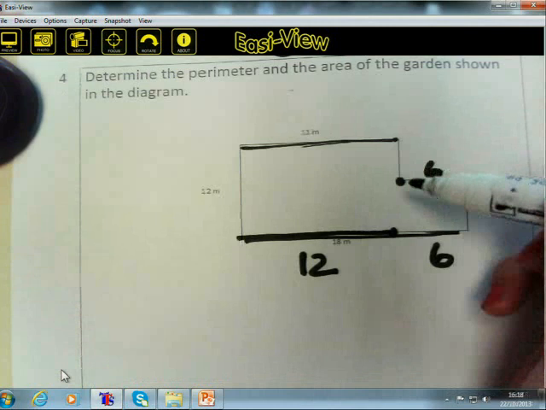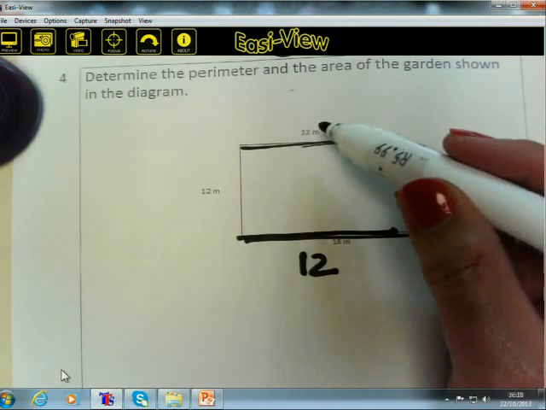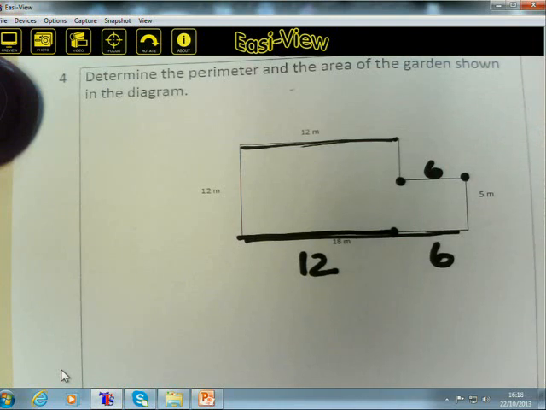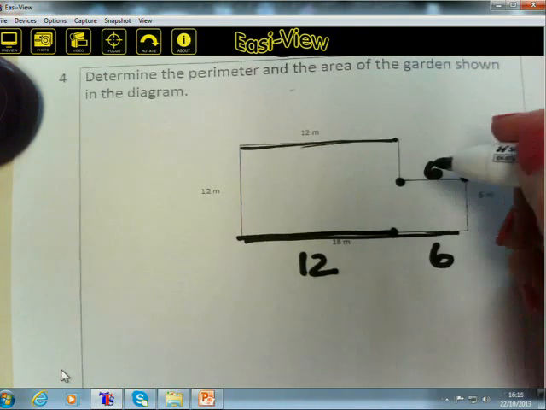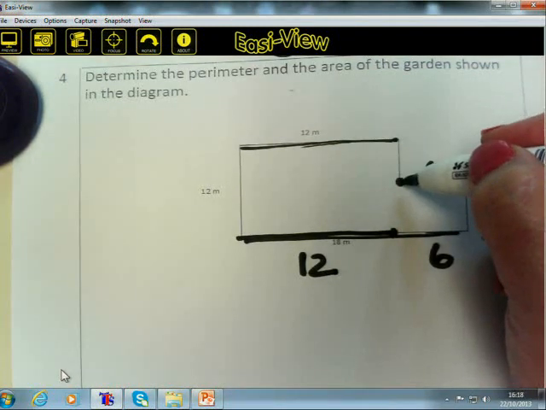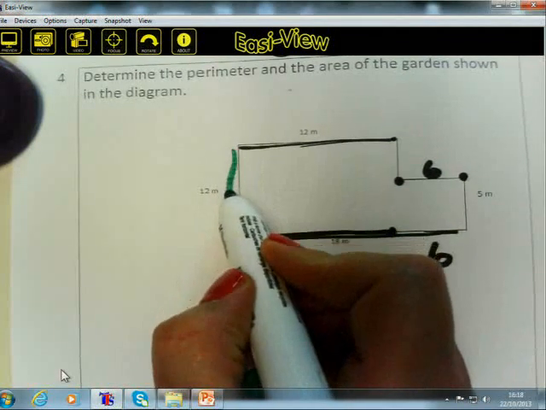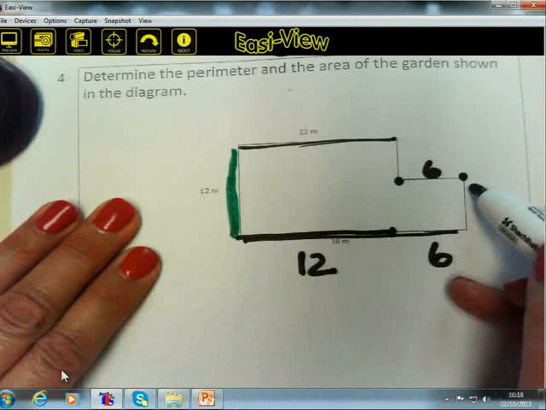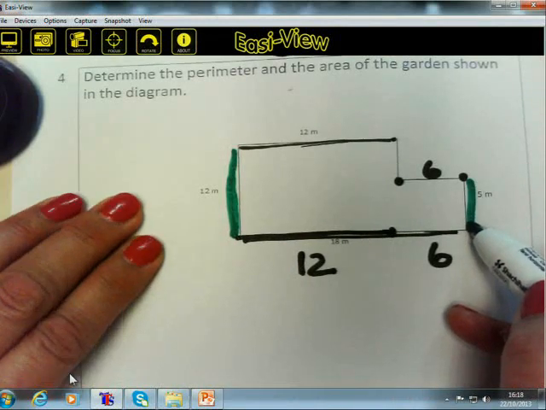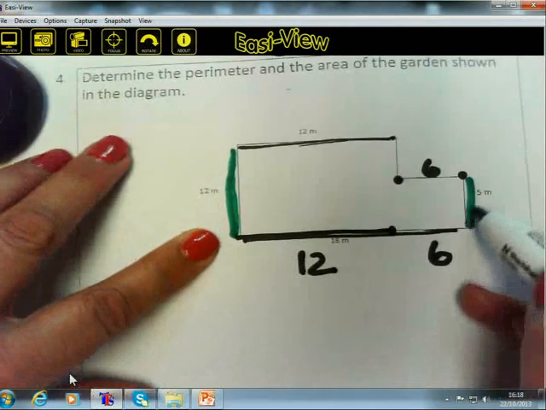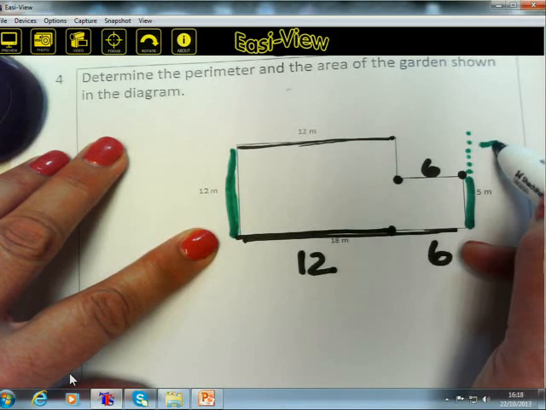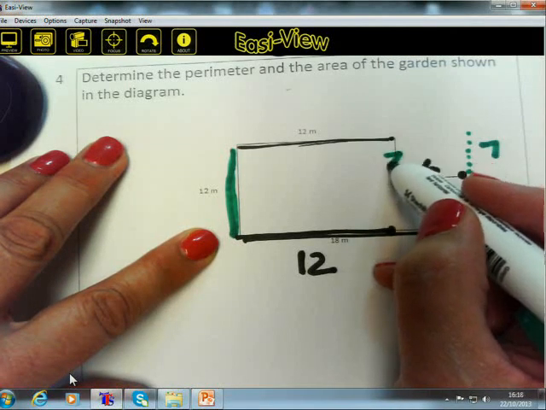So you will have to say 18 minus 12 will give me that 6. And exactly the same with the other side. I don't have the length of that, but I do have the length of this green side. This is 12. That part is 5. 12 minus this 5 is going to give me 7. So this one is 7.